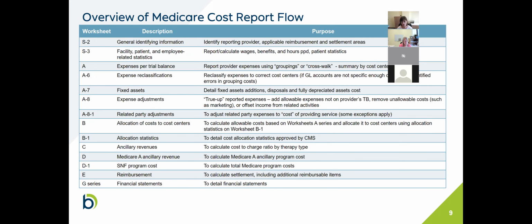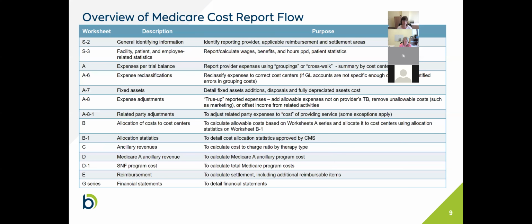So here's a quick overview of the Medicare cost report flow. We start with some very general identifying information, simple information about reimbursement and settlement areas, such as facility name, provider number, and dates that the report is applicable to.